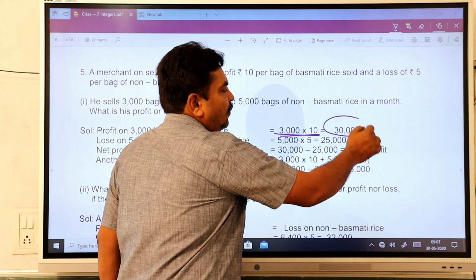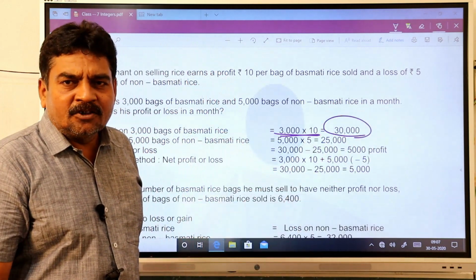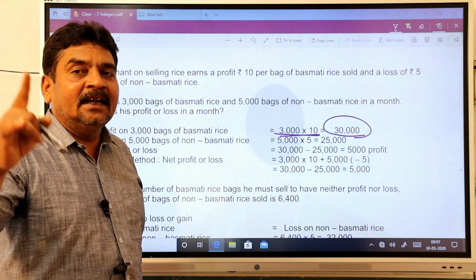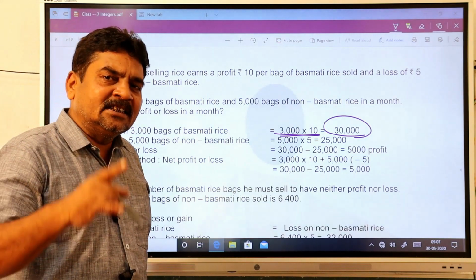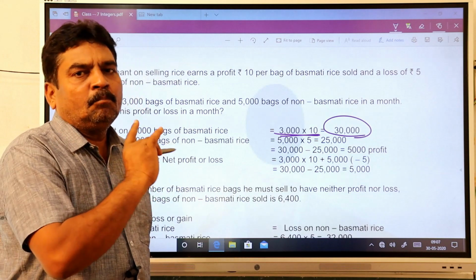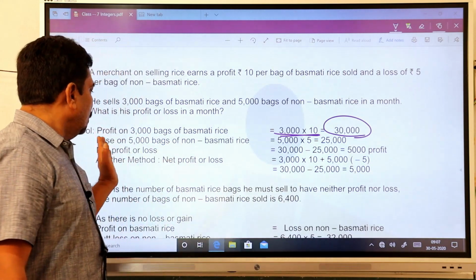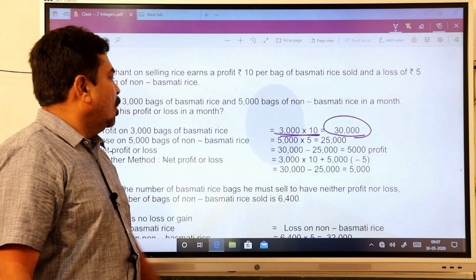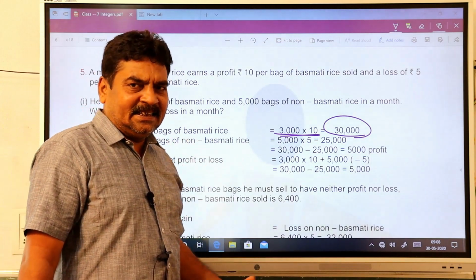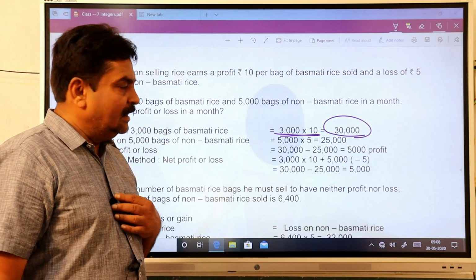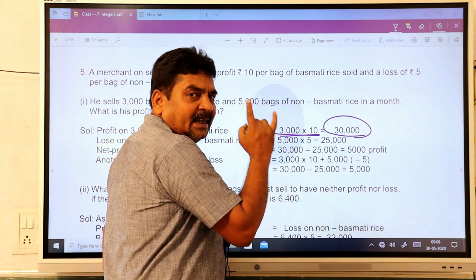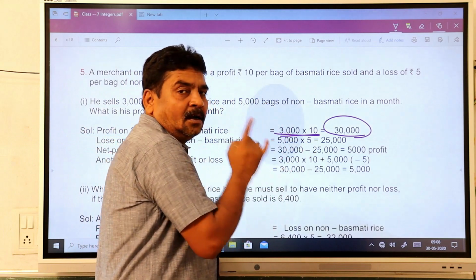So he got a profit of 30,000 selling 3,000 bags of basmati rice at 10 rupees profit on each bag. Loss on 5,000 bags of non-basmati rice: he gets a loss of 5 rupees on each bag.